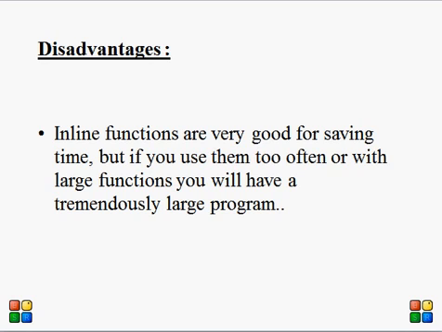Because if a function has 5 or 6 lines and we declare that function as inline, then whenever the function is called, the compiler pastes those 5 lines of code. If we call a particular function hundreds of times in our program, we are pasting hundreds of lines of code. That means we are increasing the program length. That's why it is problematic for functions having more lines, and this is well suited for function definitions which have one line of code.